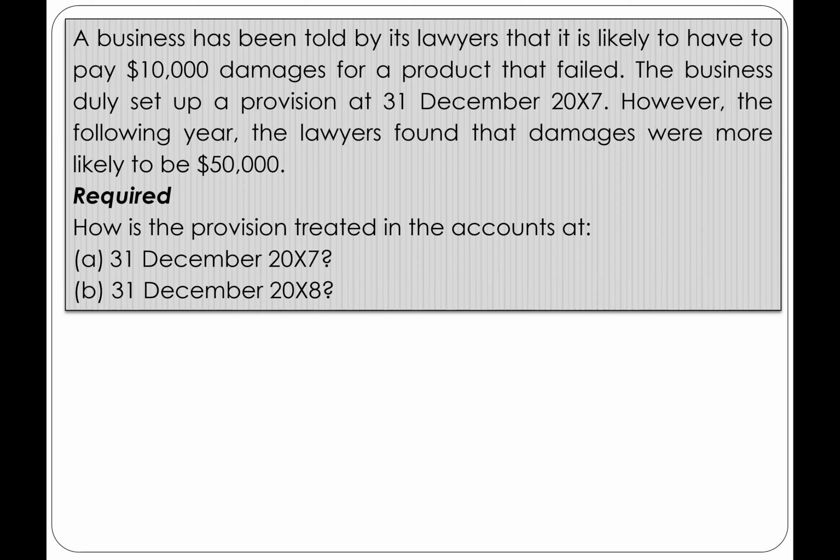That means we need an additional 40,000, so we debit the damages expense account and credit provision by a further 40,000, which means our provision account will now have a balance of 50,000. So that's basically how we will treat this account.